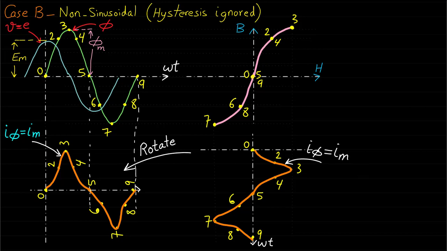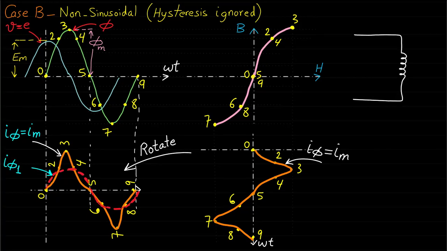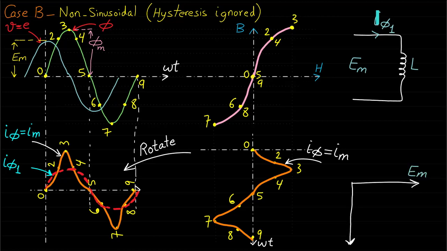If we analyze this non-sinusoidal current waveform and determine its spectrum components using Fourier analysis, we can determine the fundamental component of this non-sinusoidal current as follows. The equivalent electrical circuit and vector diagram of this nonlinear I phi curve can be represented as shown.